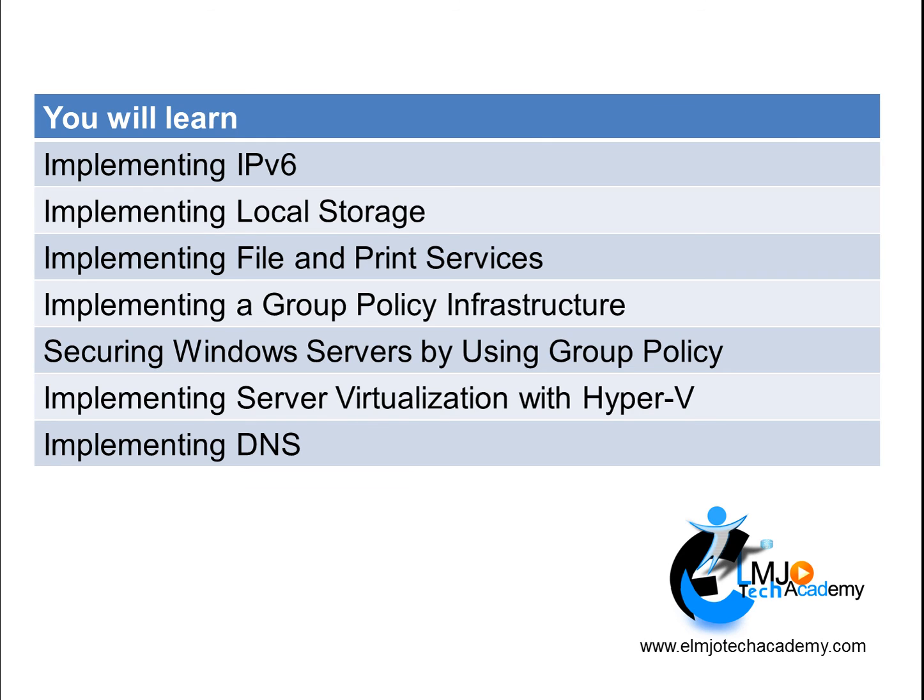After that we will see implementing DNS, the Domain Name System. As group policy is important and Active Directory is important, DNS is also important. The job of DNS is resolving name to IP and IP to name. Because if you have 1000 clients running in your environment, can you remember their IP addresses? But if you have a very well naming convention and structure, you can remember it and access it whenever you want.